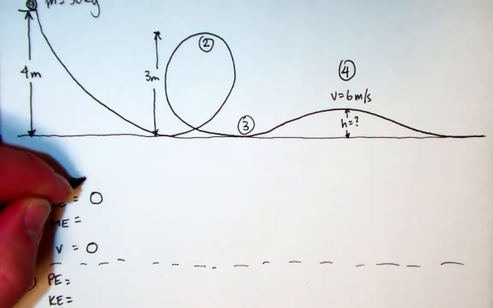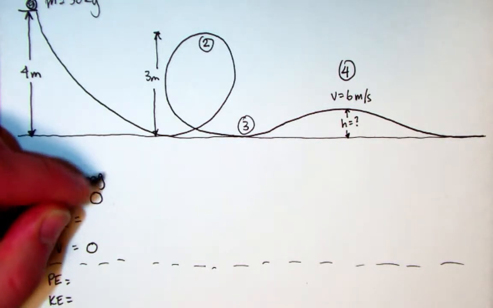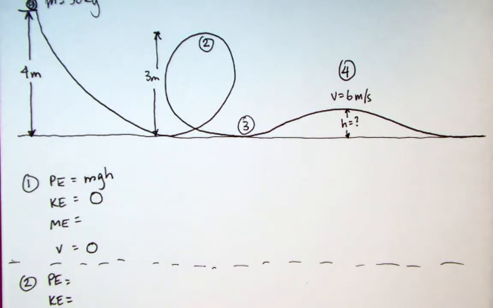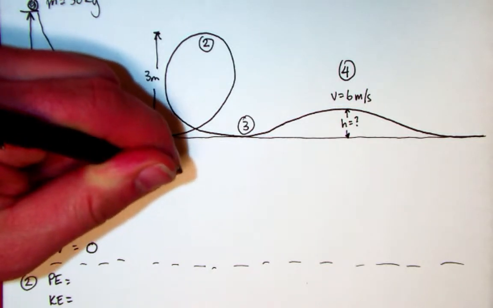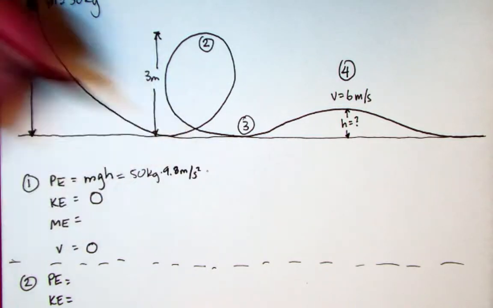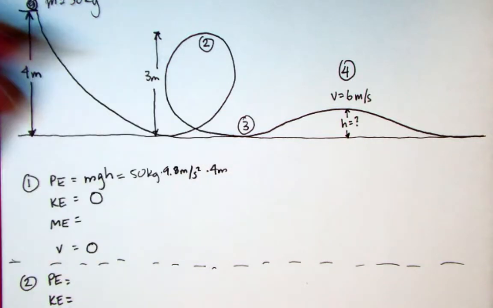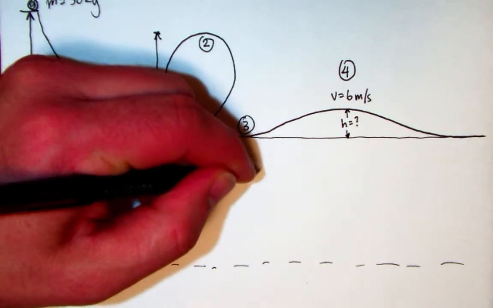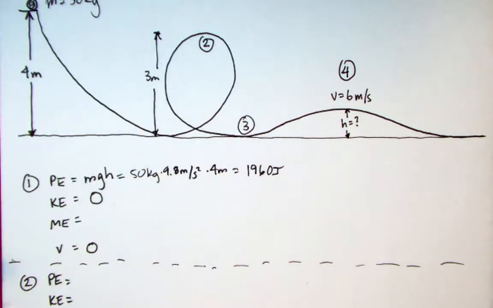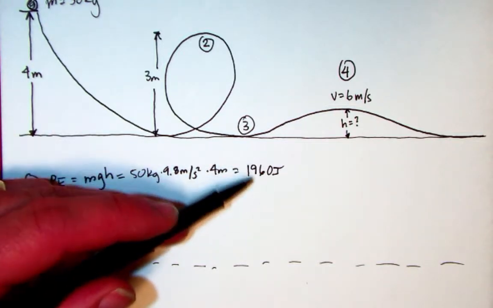The potential energy is equal to mass times gravity times height. And so we just plug our numbers in, 50 kilograms times 9.8 meters per second squared times 4 meters, because it's 4 meters off the ground. And we multiply those numbers together and we get 1,960 joules. So right here, I've got a potential energy of 1,960 joules.